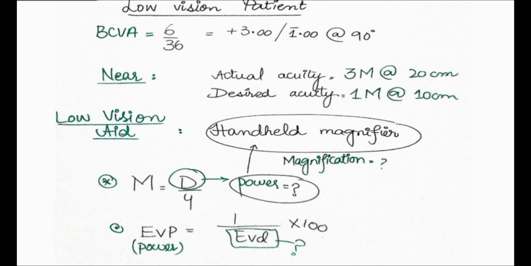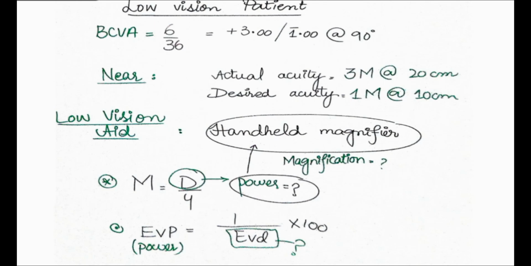Suppose the best corrected visual acuity of the patient is 6/36. Low vision is a category in which the patient has 6/18 or less than 6/18 vision as best corrected visual acuity, and all the optical, medical and surgical treatment has been given, but still his acuity is not better.